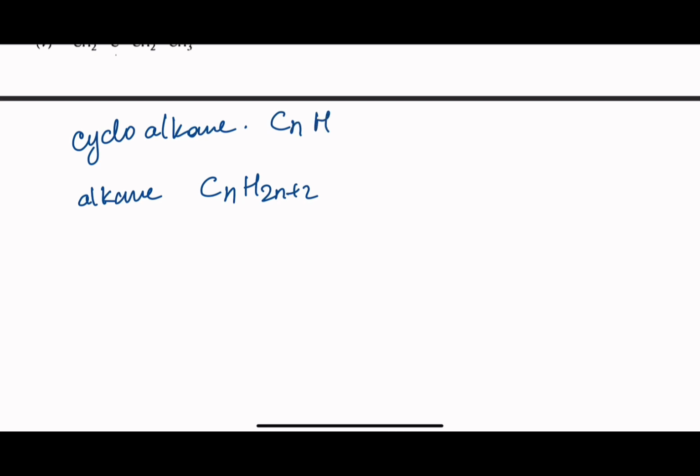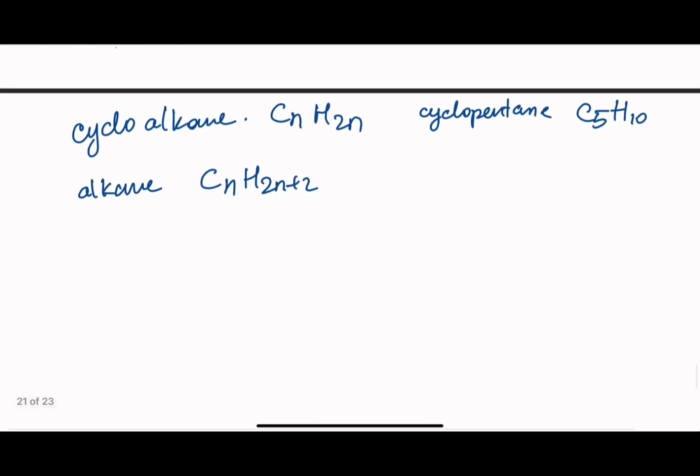Cycloalkanes are CnH2n. For example, cyclopentane is C5H10. Okay? And just the pentane itself is C5H12. But you see we have 2 hydrogens lost in here.